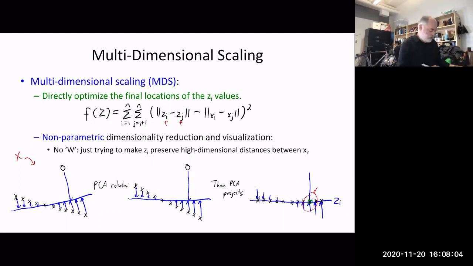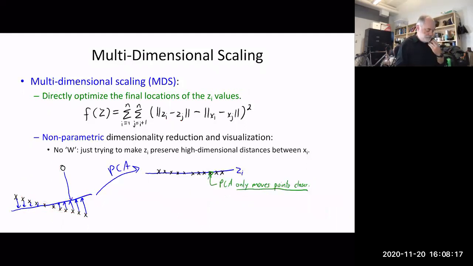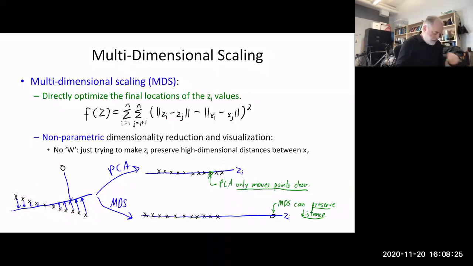The principal axis of variation, we really would like it to be here, but we have an outlier, so it tilts the principal axis of variation up. We do a projection, we get this crowding kind of effect. That's not great. Basically, PCA only moves points closer.